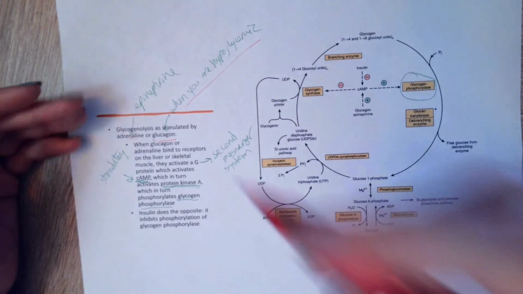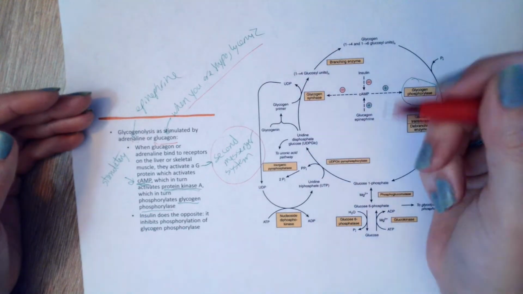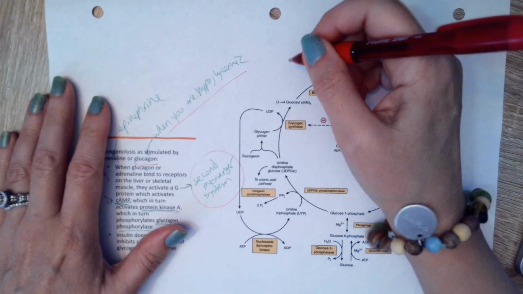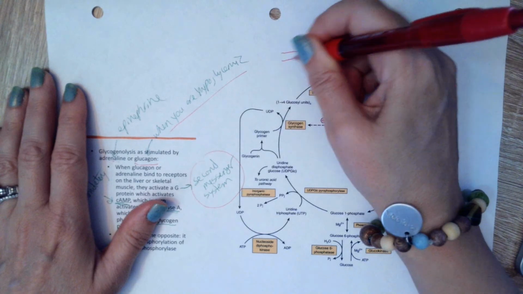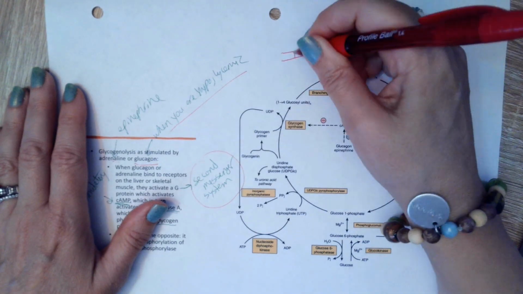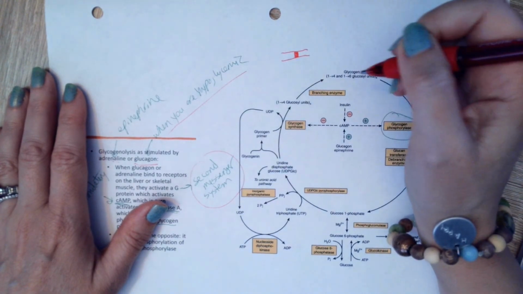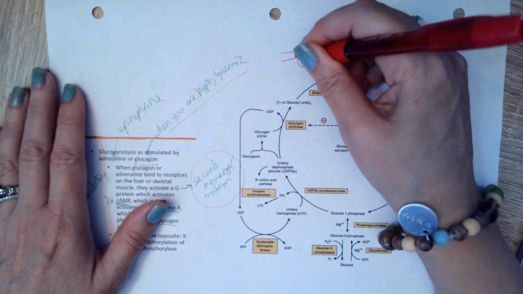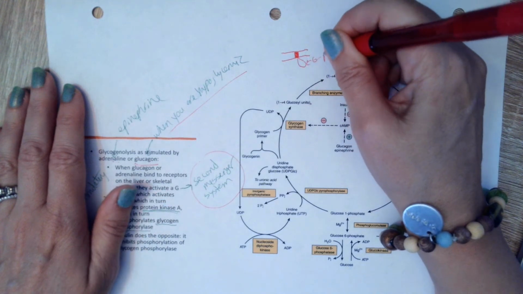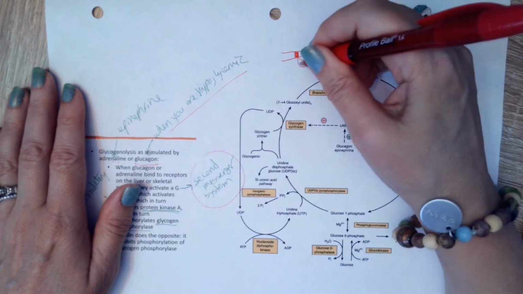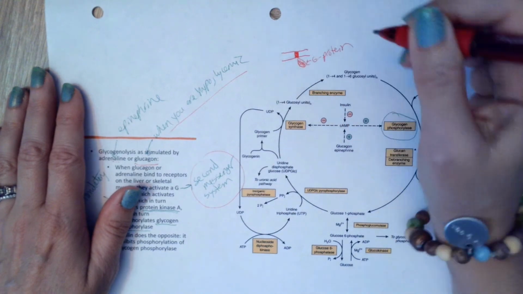they activate a second messenger system, which is not familiar to you from A&P. A second messenger system is essentially where you have the cell membrane. There is a receptor on the cell membrane. There's something called a G protein. It's sort of stuck on the inside of that receptor.